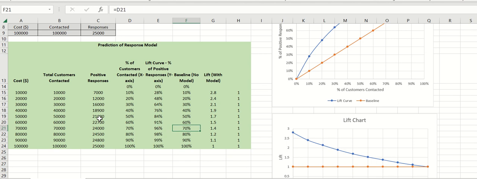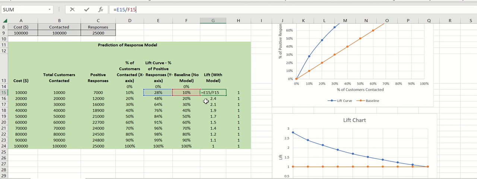Then for the next calculation, when we're trying to do the lift chart, we're looking at our baseline again, so with no model, 0 all the way to 100%. And then we're just calculating the overall lift for the whole model. So this is kind of the ratio of the lift curve divided by that baseline.